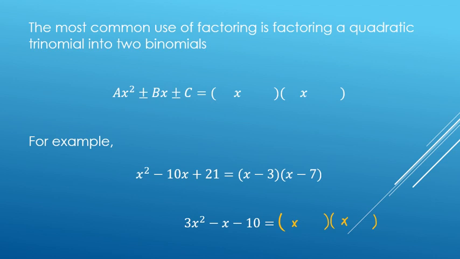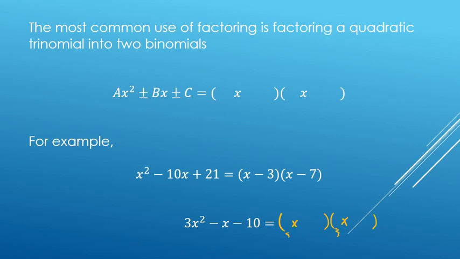Now, I have 3x squared. It's not as nice because there's not a 1 there, but it's still not that bad for figuring out what these numbers are going to be. The only way that you can get 3 is to have a 3 and a 1. There's no other way to come up with 3.